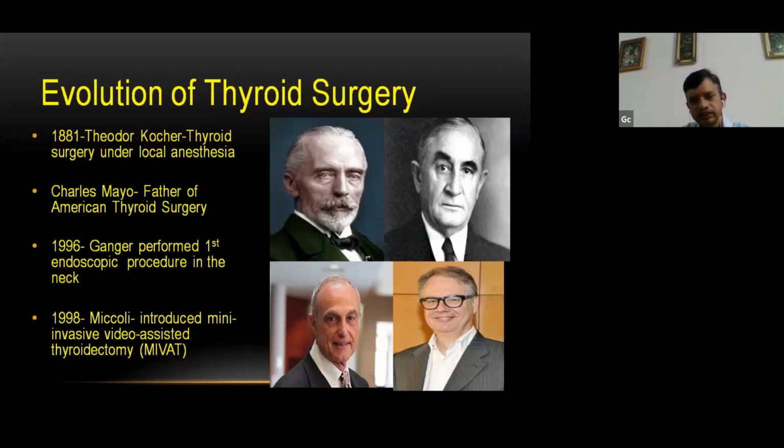So to remove the specimen, he has to enlarge the incision. Suppose you are removing a 2 centimeter thyroid nodule, he has to enlarge the incision from 1 centimeter to 1.5 or around 2 centimeter. And it was a lateral incision.